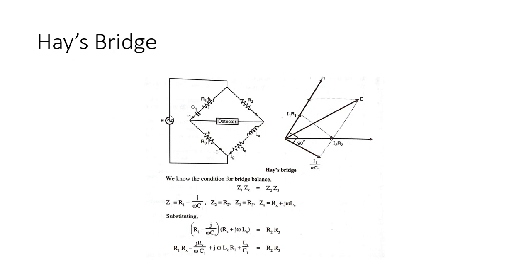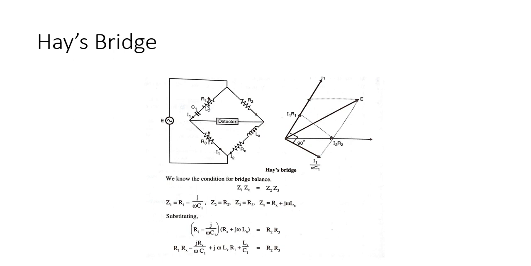The right circuit that you are getting is the phasor diagram. I think you are aware of this, you have studied it in network analysis. After completion of this, we will take a look at it. Now see this circuit carefully. Here again a detector is used, which can be called a null detector.